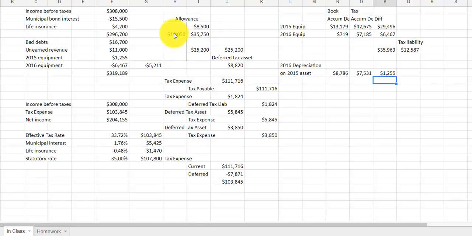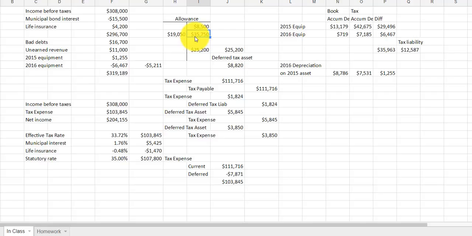We had write-offs of $19,050, and we know that our ending balance needs to be 3% of the $840,000. So that is $25,200. There's only one credit that would make this T account work, and that's $35,750. That must be our credit to the allowance and our debit to bad debt expense.